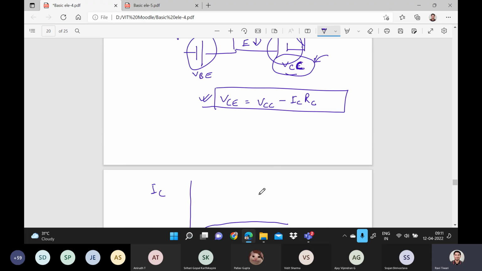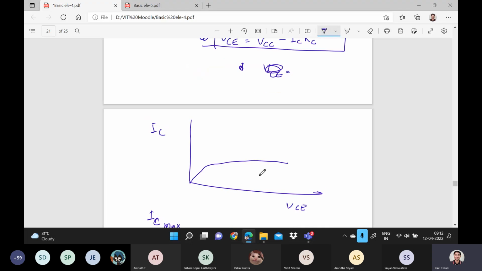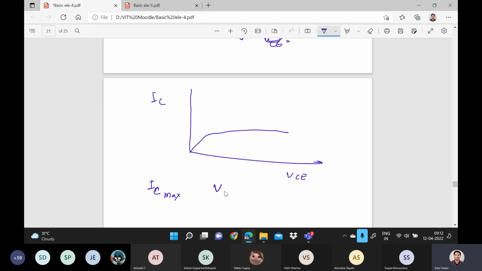Here, if you put VCE equal to 0, this is the equation: VCE equals VCC minus ICRC.